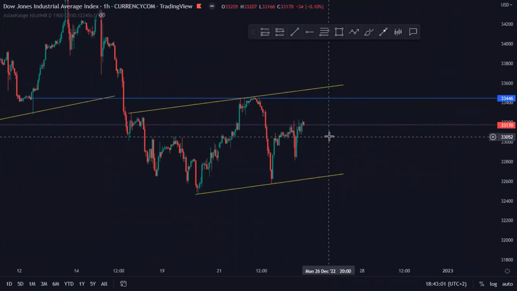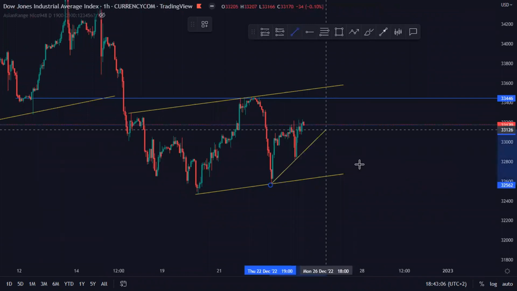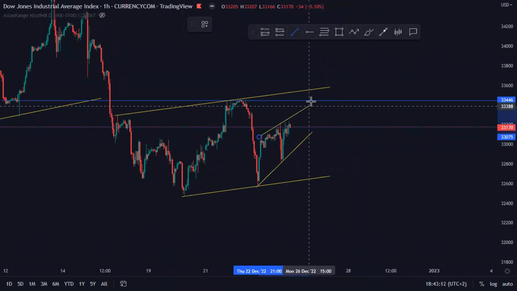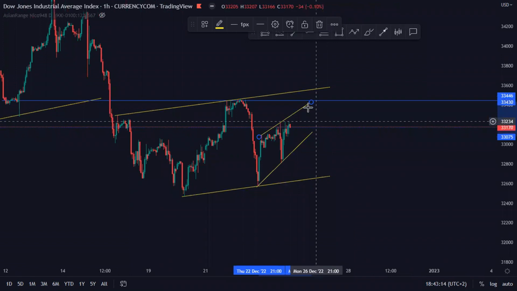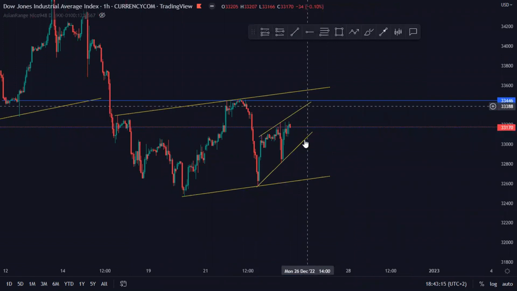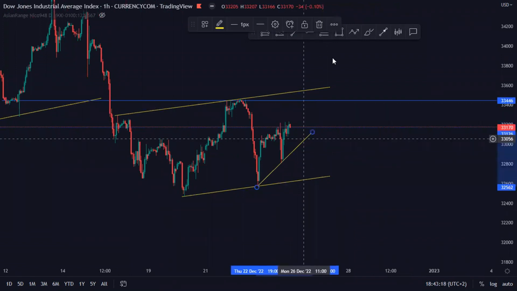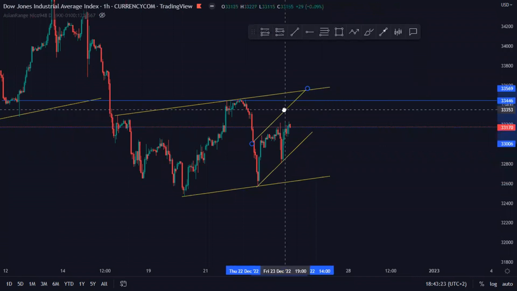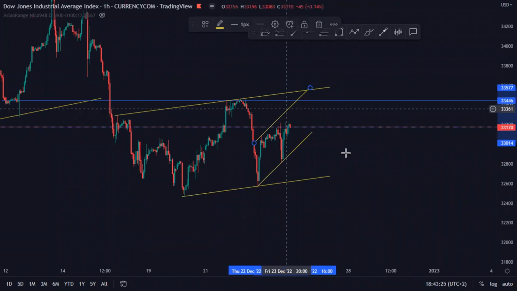So what we are expecting here from US30 is price to go back up again, go back up correctively, giving us this pattern. Or if this is not good, you can just clone this trend line, put it on there and see how price will be.